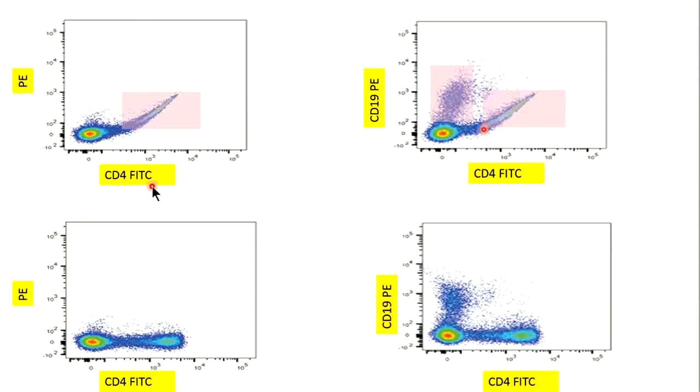But you can see this population is entering into this quadrant. So falsely we are getting the information that there are CD4 T cells which are also expressing CD19, meaning we are having some CD4 T cells which are also B cells. That is wrong information.